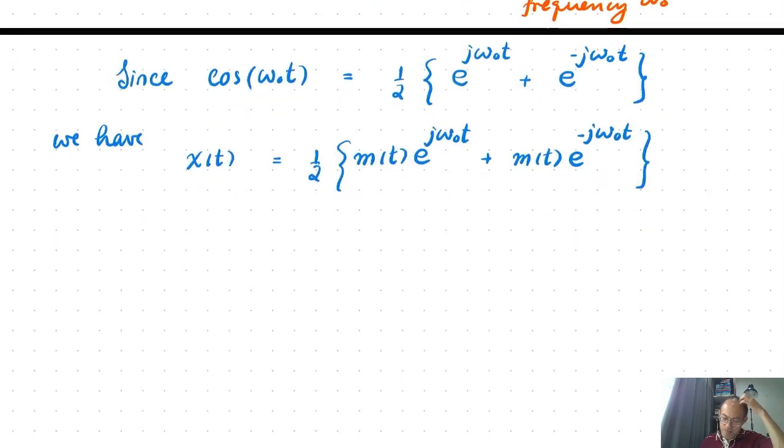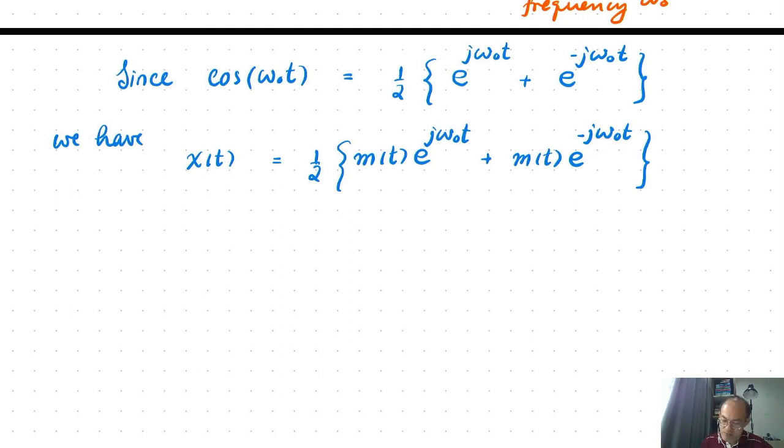Then we know that if we take the Fourier transform, this term, m of t multiplied by a complex exponential, gives the spectrum of m shifted to the right by omega 0. And this term is m of t multiplied by another complex exponential with frequency minus omega 0, so we shift the spectrum of m to the left by omega 0.